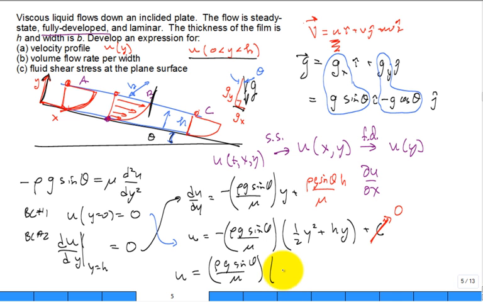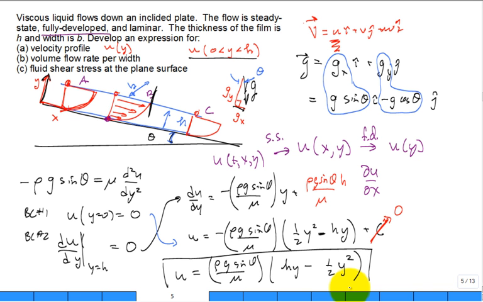And you're going to have, excuse me, h y minus 1/2 y squared. I messed up a little bit. This was supposed to be a minus h right there. Okay, there you go. And that's a solution. That'll work. You test the solution, check your boundary conditions, and it works.